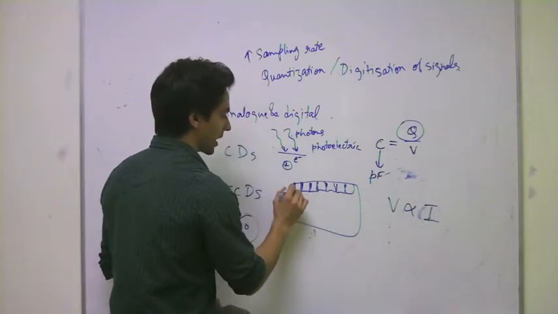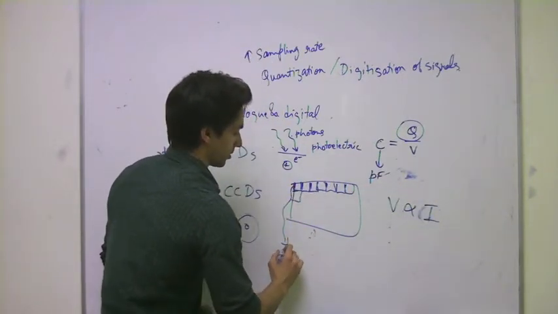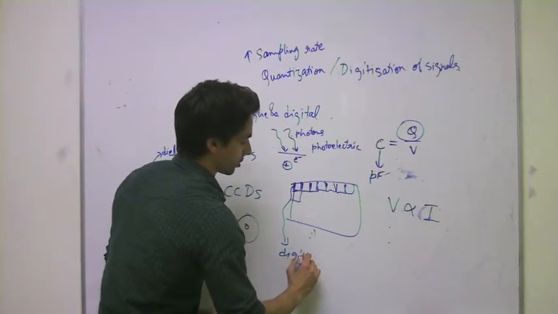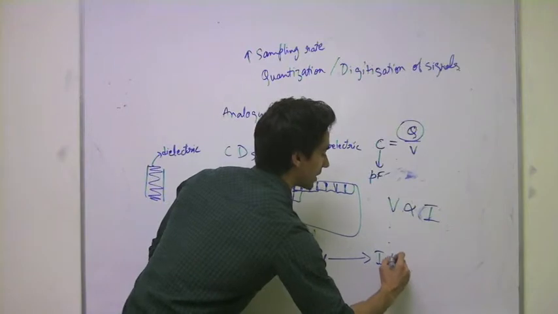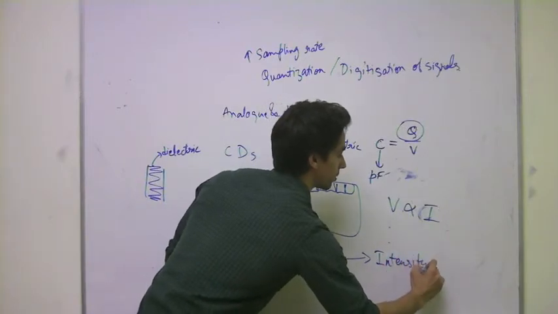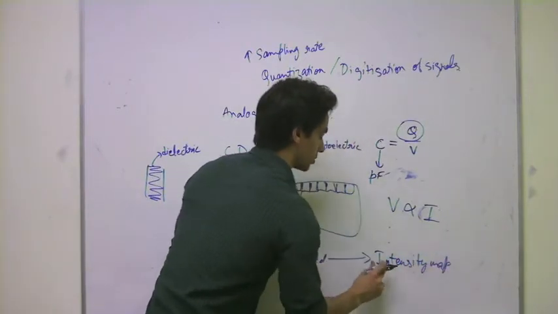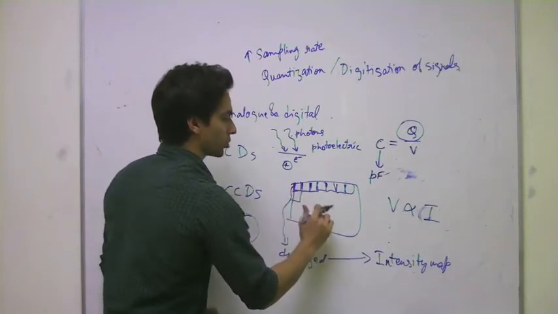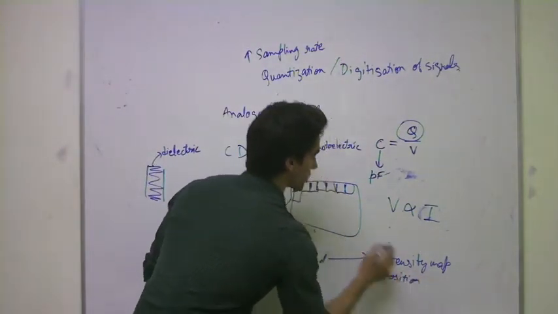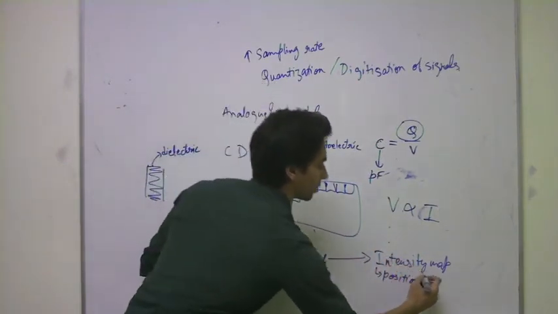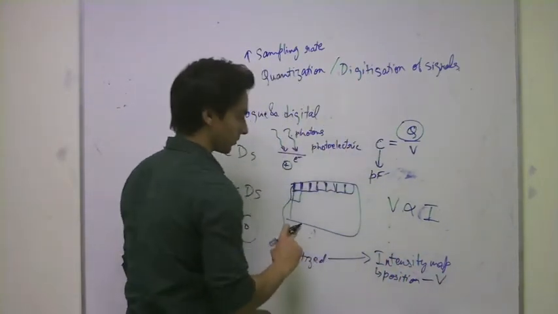So when we have a series of potential differences created across each of these capacitors, proportional to the intensity of light, this signal is then digitized, and this digitized signal is sent to an intensity map. The intensity map notes the position of each capacitor and the voltage level on each of those capacitors.